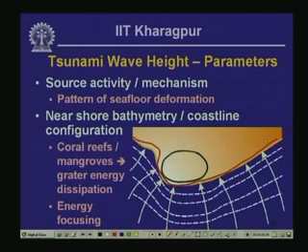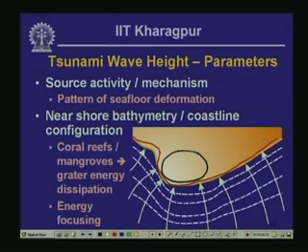Now here the waves are going to bend towards the narrow portion of the coastal configuration, because the waves are going to slow down in shallow water areas, and that is going to cause the waves to refract and focus their energy towards the narrow portion that is jutting into the sea.